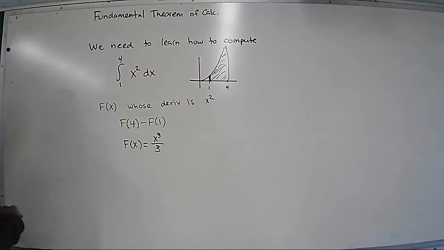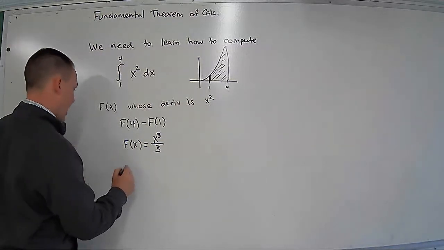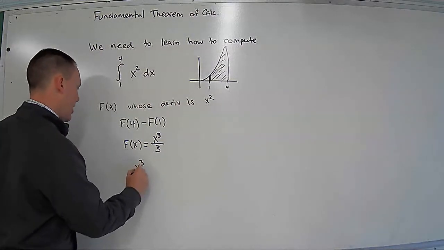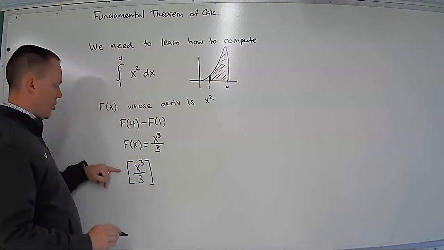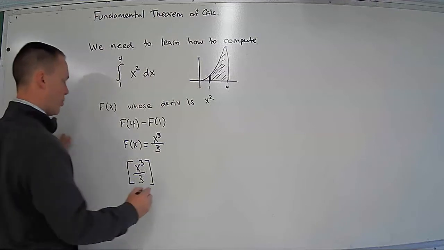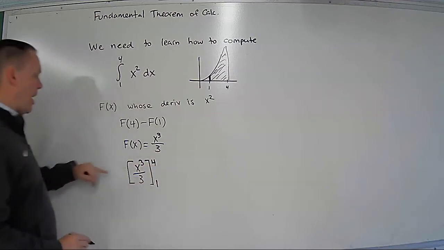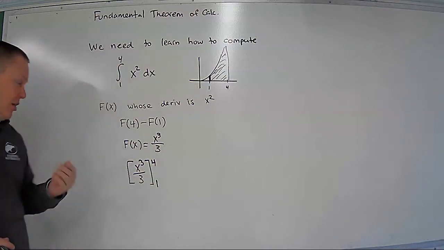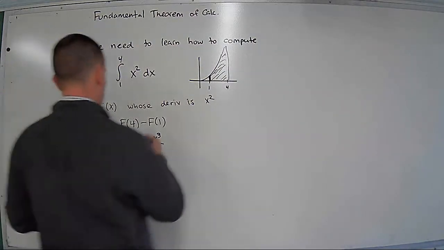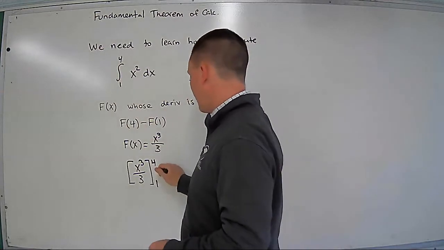Then, to denote that we're going to evaluate x cubed over 3 between 1 and 4, you put it in brackets like that, and then you put 1 and 4. That indicates to the reader that I'm going to evaluate this. It's the change, the difference between those two.